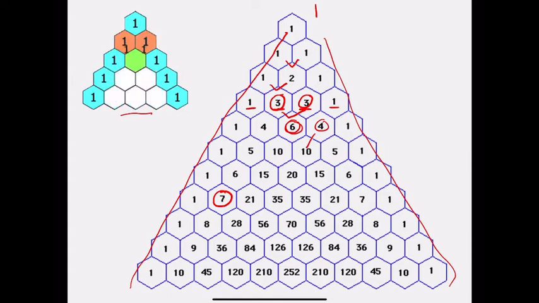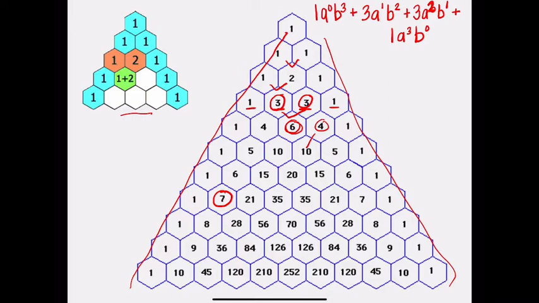So I'm going to write out the equation, and I start with 1, a to the 0, b to the 3, plus 3, a to the 1, b to the 2, plus 3, a to the 2, b to the 1, plus 1, a to the 3, b to the 0.